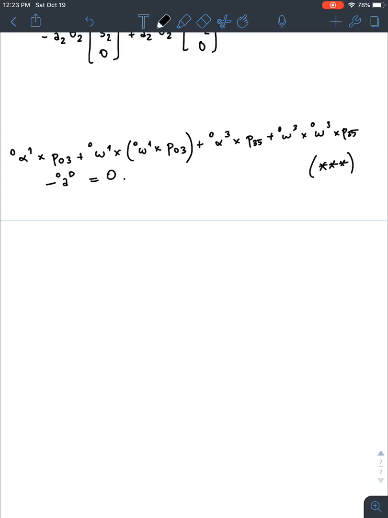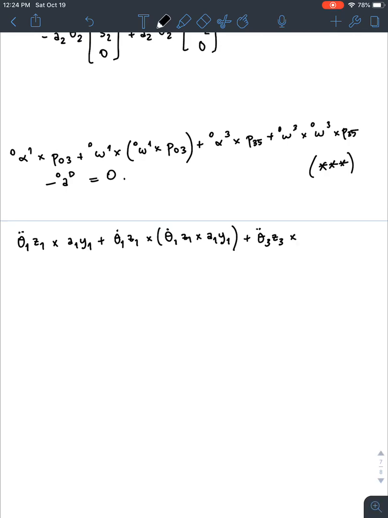So the acceleration of 1 in 0 is given by theta 1 double dot in the z1 direction cross p03. P03 was, I believe, a1 in the y1 direction, plus angular velocity of 1 in 0 is theta 1 dot in z1 direction cross theta 1 dot in the z1 direction cross a1 y1, plus acceleration of 3 in 0 is theta 3 double dot in the z3 direction, cross p35.